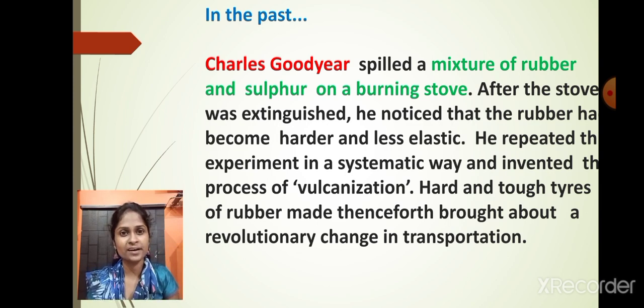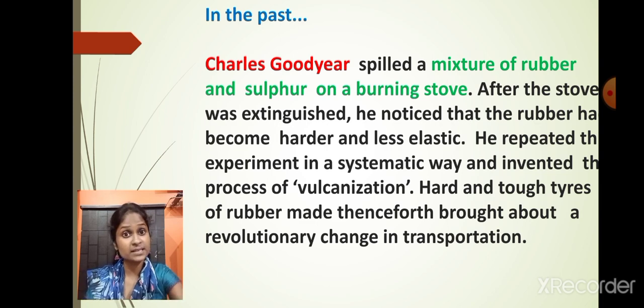Because of the tire, it has become so much easier to go from one place to another. So this is how the invention of the vulcanization of the rubber took place, and many more products have been made by human beings. All these are man-made substances which make use of natural things for our betterment. I hope, students, you have understood the vulcanization of the rubber.